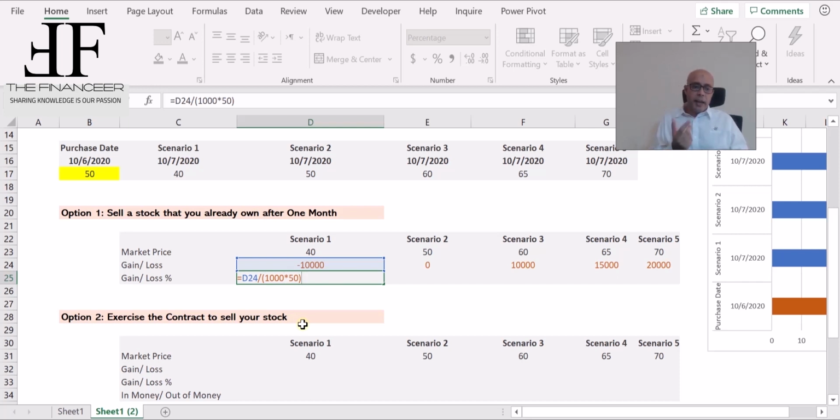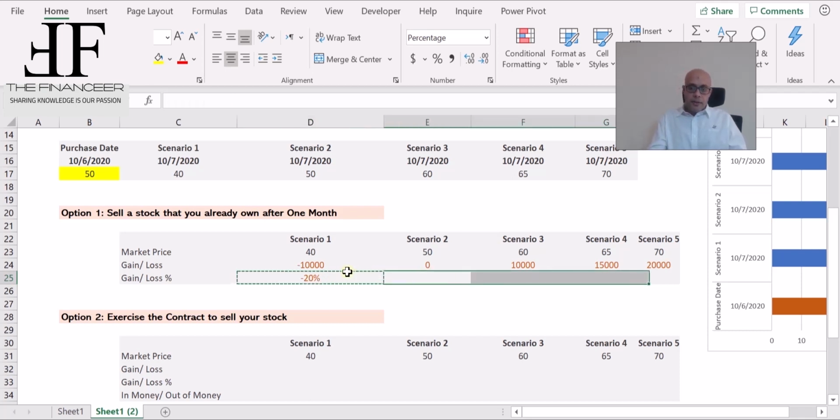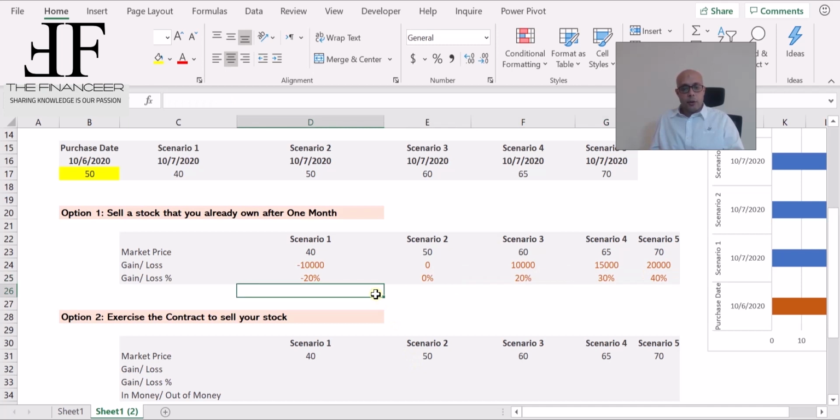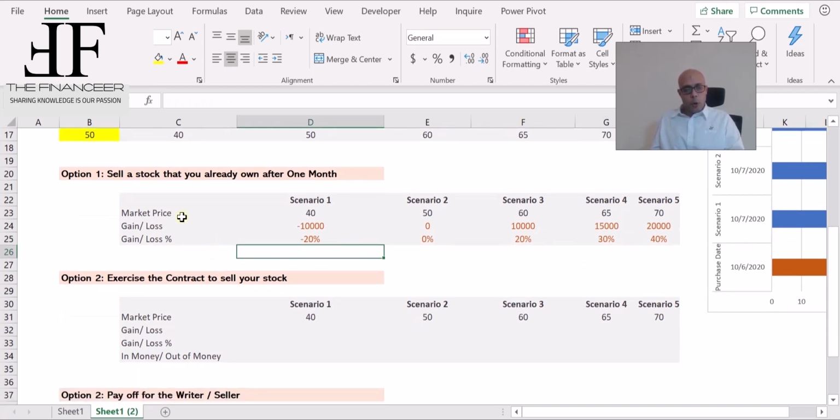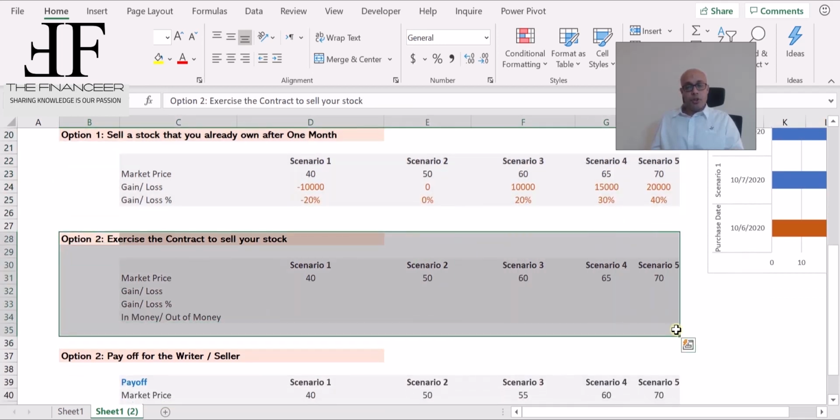And if you would like to calculate the percentage of the gain and loss, simply divide your loss or gain by the investment that you paid. So the result here will be 20%, and this will be the other gain and loss percentages for the other scenarios. Okay, before commenting on this first option, let's calculate the second option here, which means using the put option and exercising it, and let's compare the results.